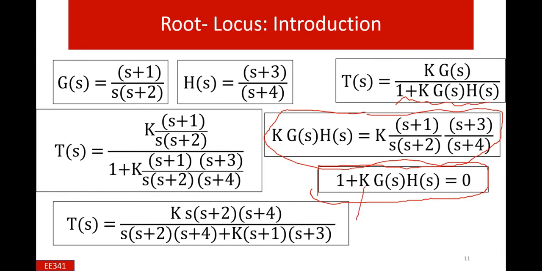The path of the poles in a closed loop with the variation of K is the root locus.